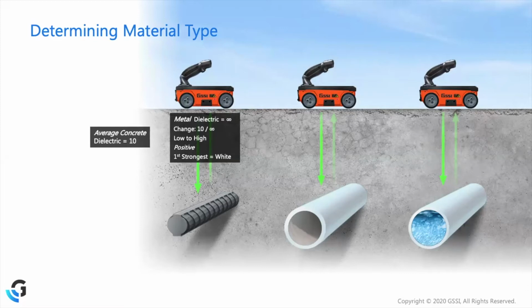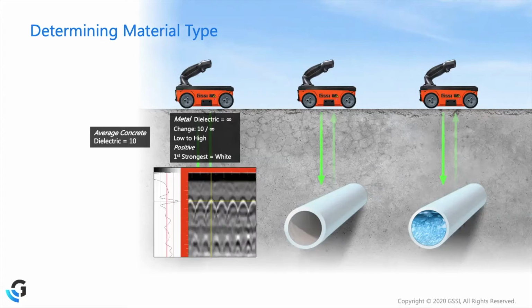It's going to bounce right off of it like a mirror, okay? So if we're going from a low dielectric to an extremely high one, we're going from a low to a high number, which is a positive change. In this case, the first strongest color is going to be white. So what we see in our data is this black, white, black pattern, okay?